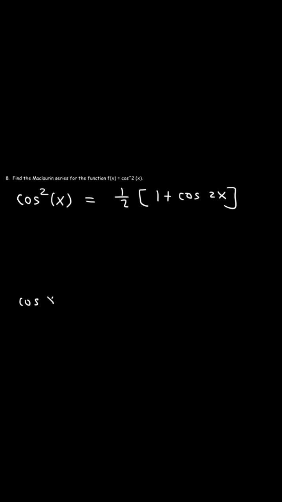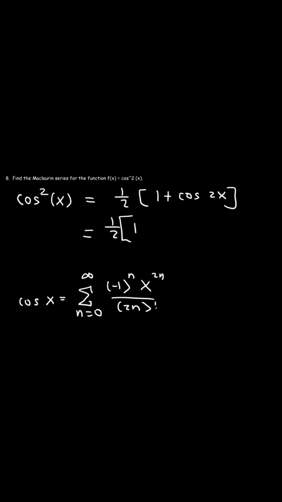Now we know that cosine x is equal to this expression. It's negative 1 to the n times x raised to the 2n over 2n factorial. So therefore, cosine 2x is going to be this expression.